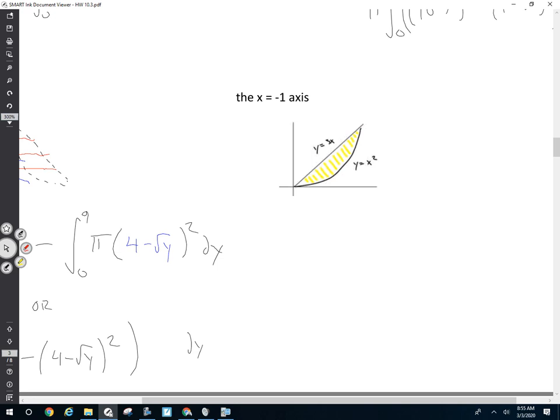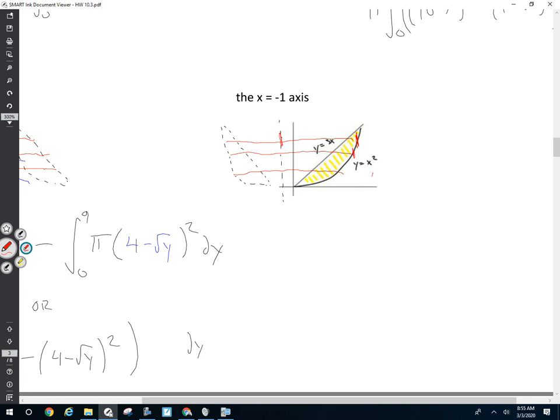Okay, the x equals -1 axis. What happens here when I revolve it here? Well, what we will find is that the outside changes. My cylinders that would represent the entire object are going to be going to the x squared curve. Where the radius, a right minus left, is going to be the x distance here.